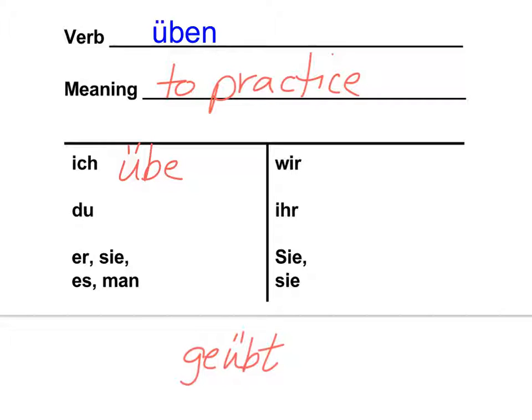Ich übe. What's du going to be? Übst. Like oops, you did it wrong. Try it again. Du übst. Er, sie, es, man? Übt. Try that one. Er übt.